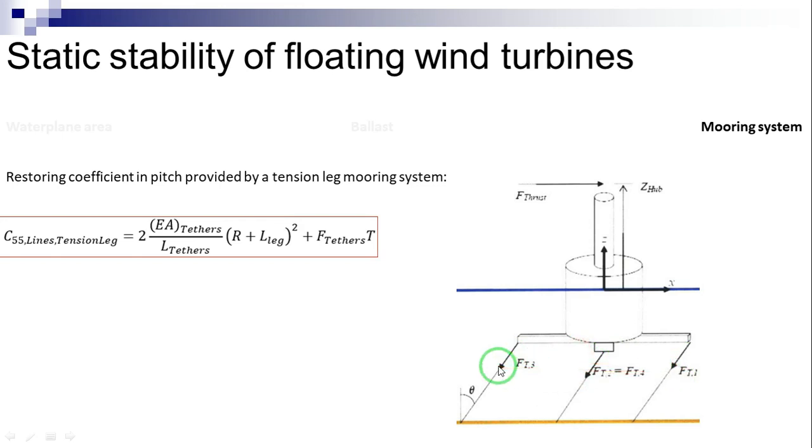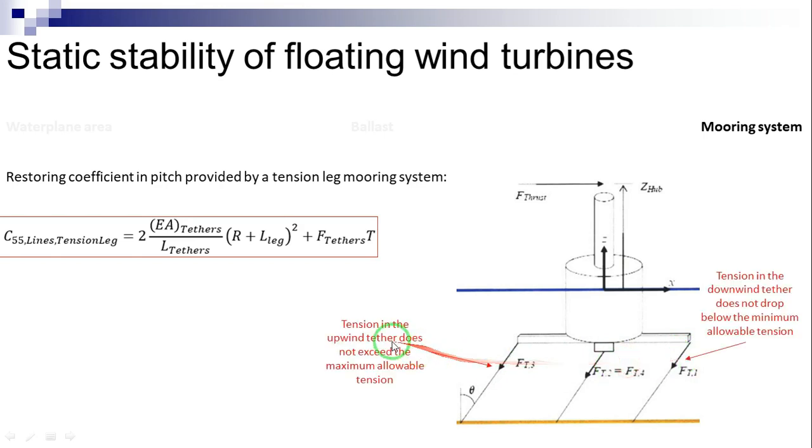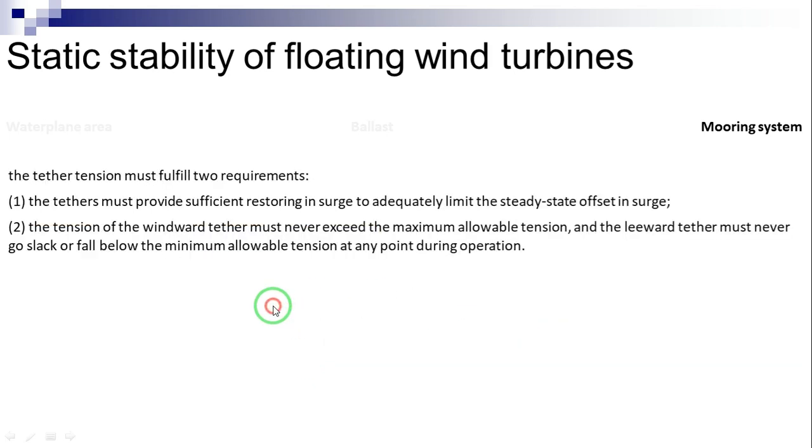The initial tether tension must be chosen to ensure that the tension in the upwind tether does not exceed the maximum allowable tension, and the tension in the downwind tether does not drop below the minimum allowable tension. To summarize, the tether tension for this system must therefore fulfill two requirements.